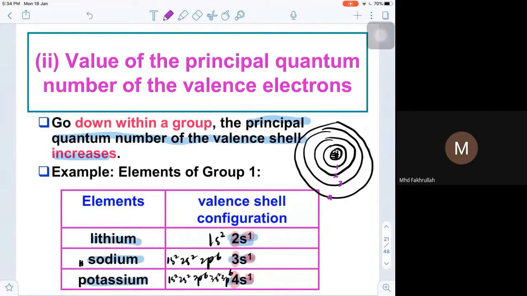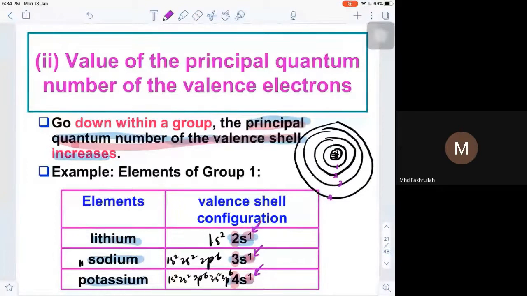So of course, going down a group, when the value of the principal quantum number of the valence electron increases, it will make the size of the electron cloud bigger, so that when the size is bigger, it means that the valence electron of the elements, this valence electron, this valence electron, this valence electron, experience a weaker attraction.